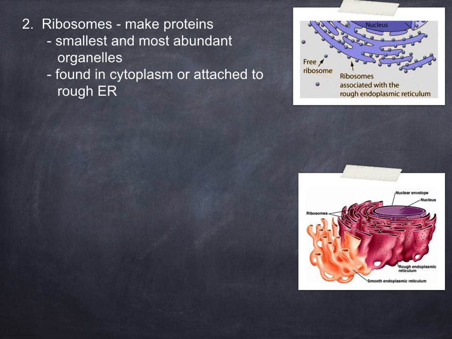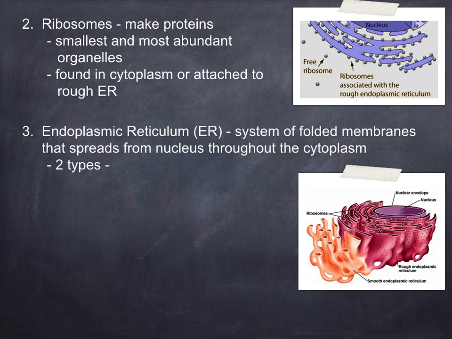That brings us to our next organelle, which is the endoplasmic reticulum, or ER. The endoplasmic reticulum is a system of folded membranes that spreads from the nucleus throughout the cytoplasm. So here you can see the nucleus, and then the ER spreading out away from the nucleus. There are two kinds of endoplasmic reticulum.